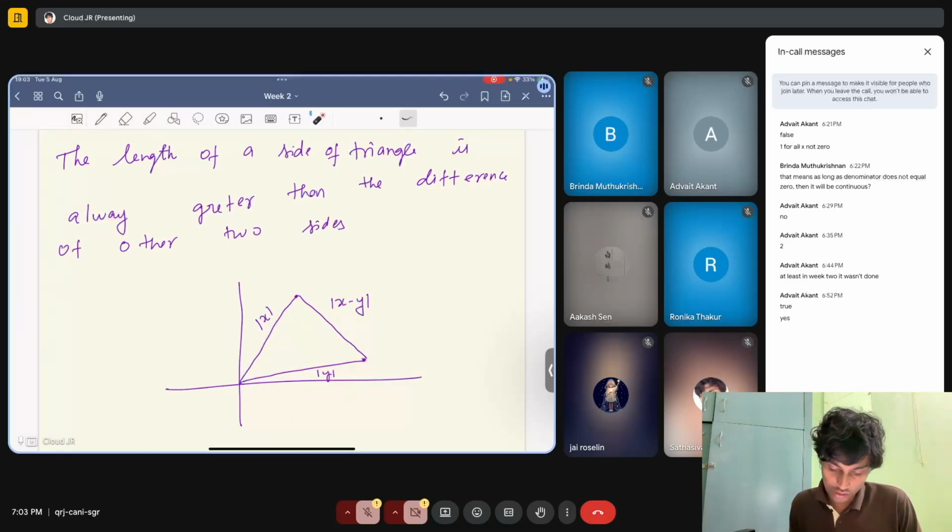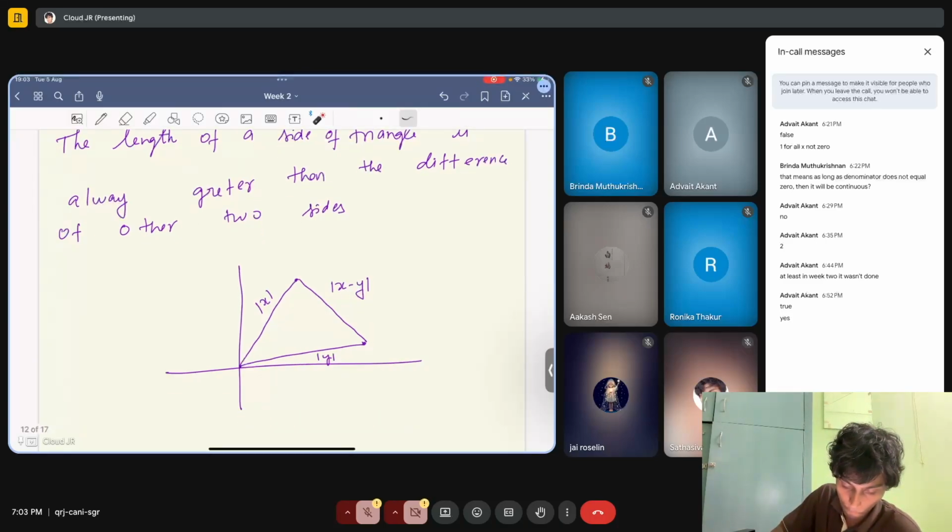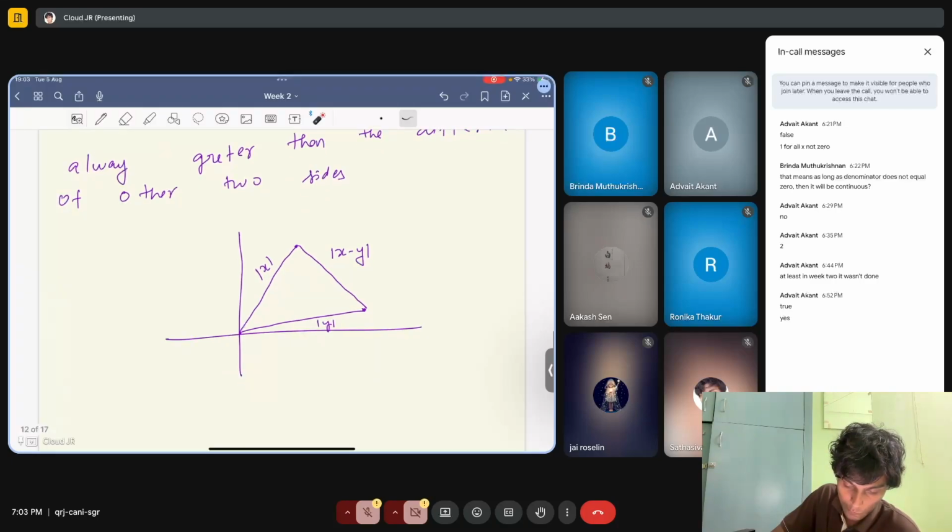So how do you prove it? Maybe just give me a minute. I'm trying to see if I can prove it geometrically. Otherwise, one has to use the dot product etc. to prove it, which I don't want to go into. If I have a real geometric idea, I can prove it.